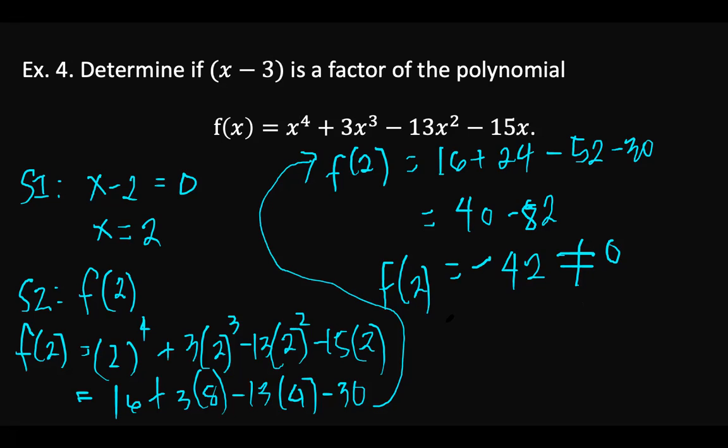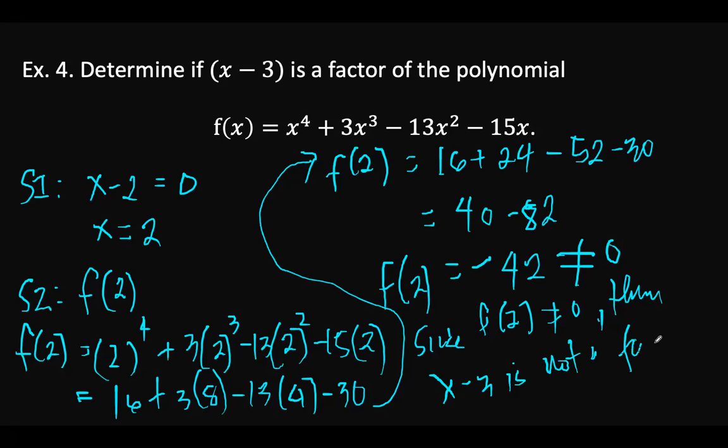So let's write it down. Our final answer is since f of 2 is not equal to 0, then the binomial x minus 3 is not a factor of f of x, which is equal to this.